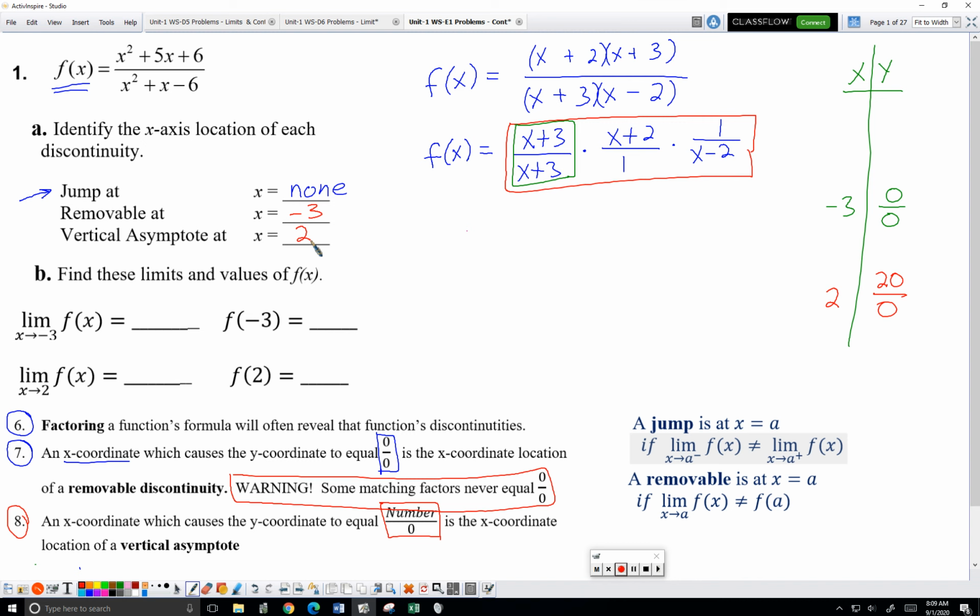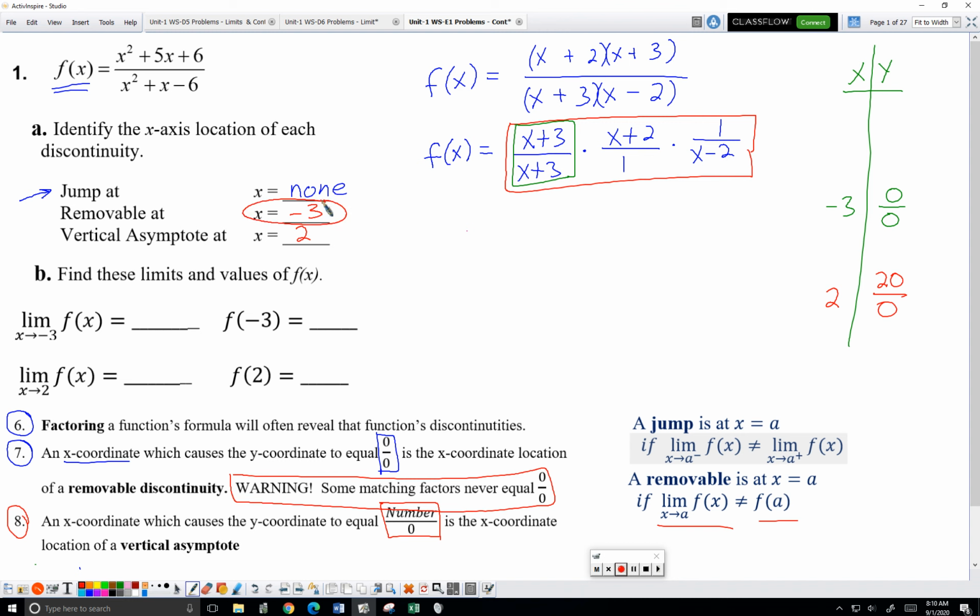Now it's just a matter of connecting what we've already learned. In previous packets and notes and discussions, we learned that a jump occurs when the left and right limits don't match. If the left and right limits do match, but the value of the limit is different than the value of the function, like this, then you have a removable discontinuity. So right here, I know I have a removable at x equal -3.